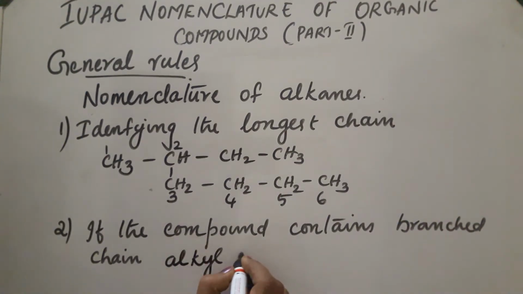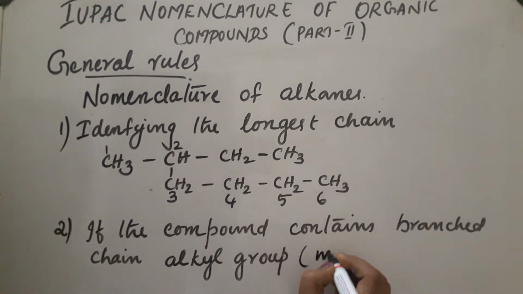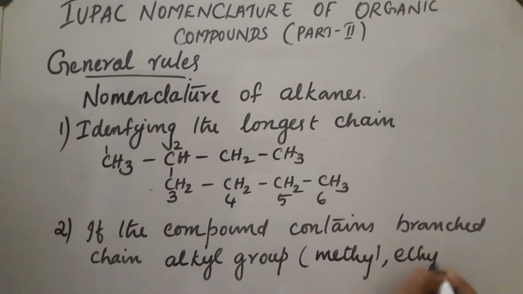The branched chain is an alkyl group. Then we have to add methyl, ethyl, etc. as prefixes. Alkyl groups may be methyl, ethyl, etc.